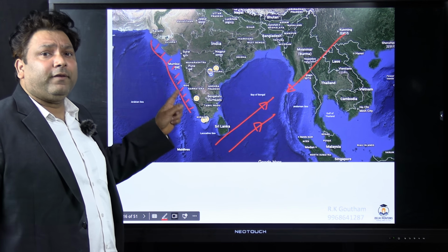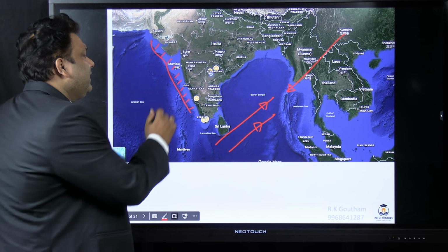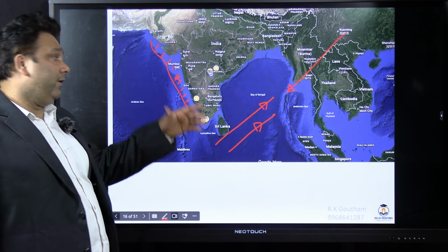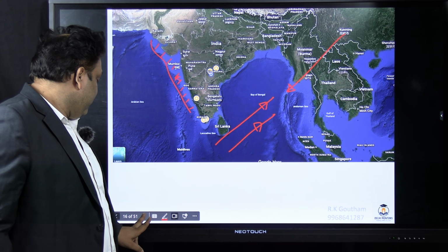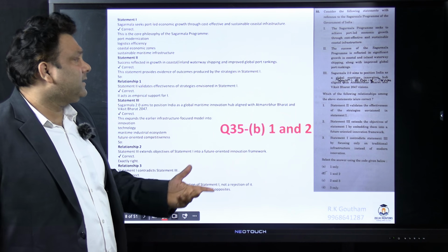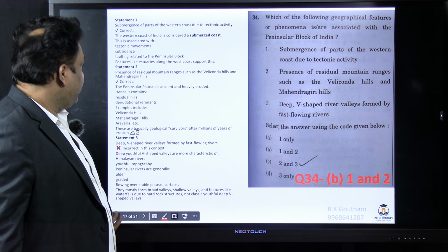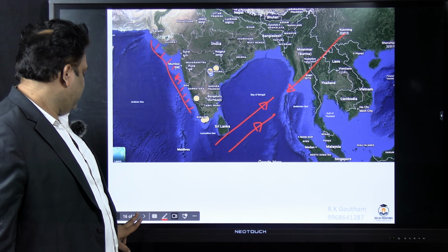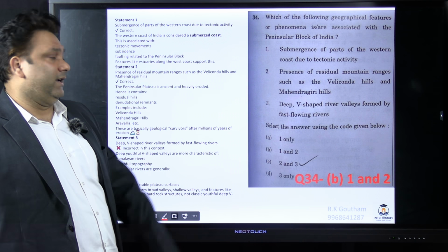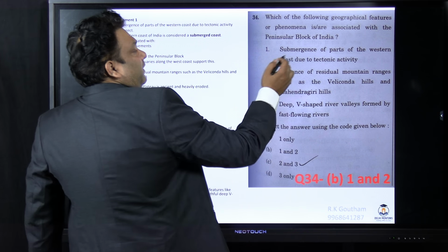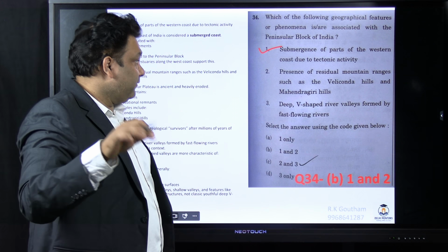So this is also responsible for having the petroleum reserves on the western coast of India. So basically the western coast is largely submerged and the eastern coast is largely an example of emergent coastline. So the submergence part on the western coast, this is true, I have just now explained to you.